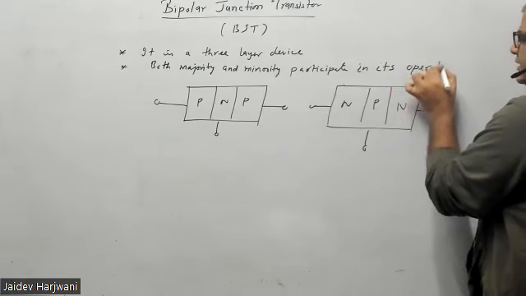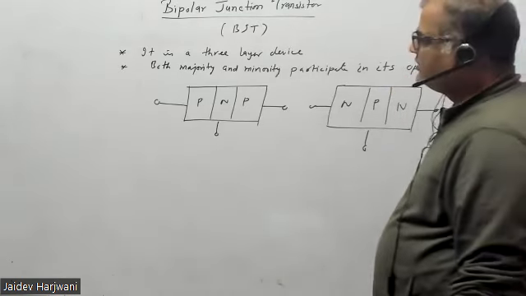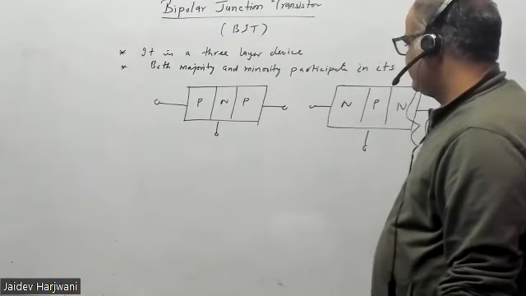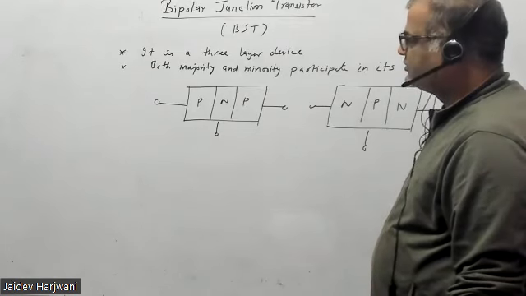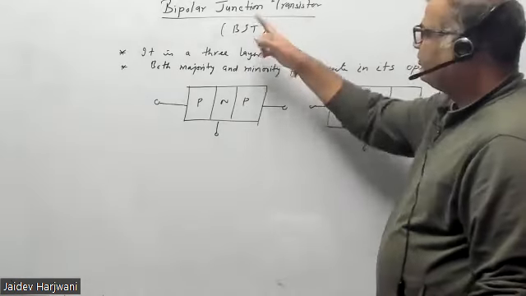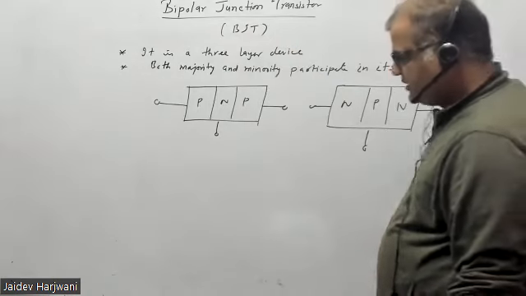If you want to understand the device operation, you have to consider both the charges, minority as well as majority, that is, electron and hole both contribute. So that's why it is called bipolar junction. Okay, now why is it called transistor?